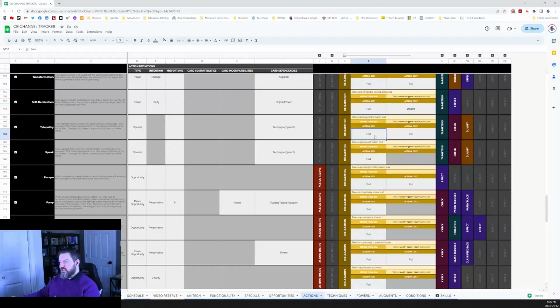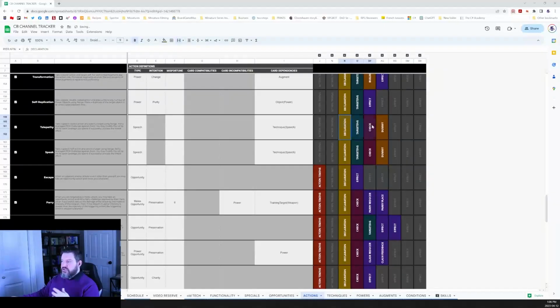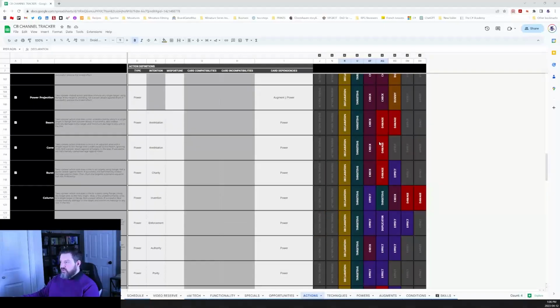Is it a full action? Is it a free action? Is it a half action? The action cost could be full, meaning it costs the full mana, or it may cost double, or it may cost half. But there is some form of declaration in there. And then there's a series of operators which are always going to apply to the action as a whole.